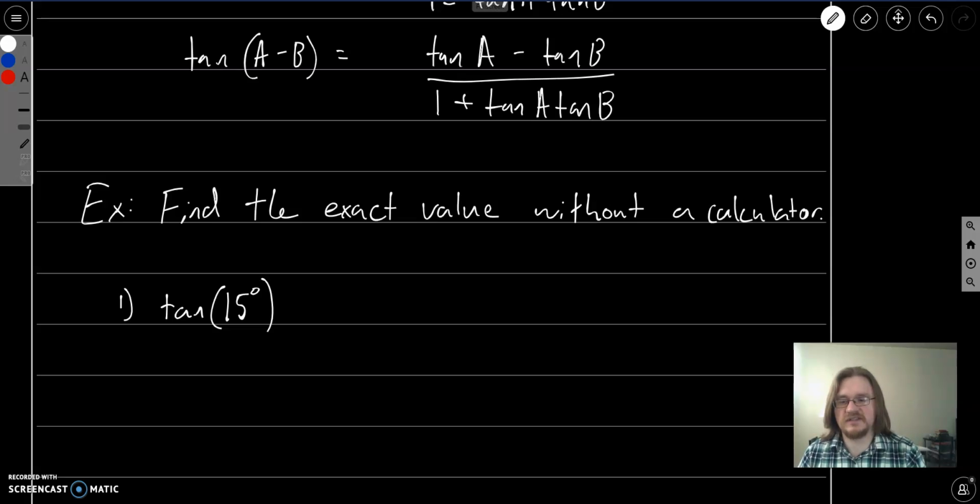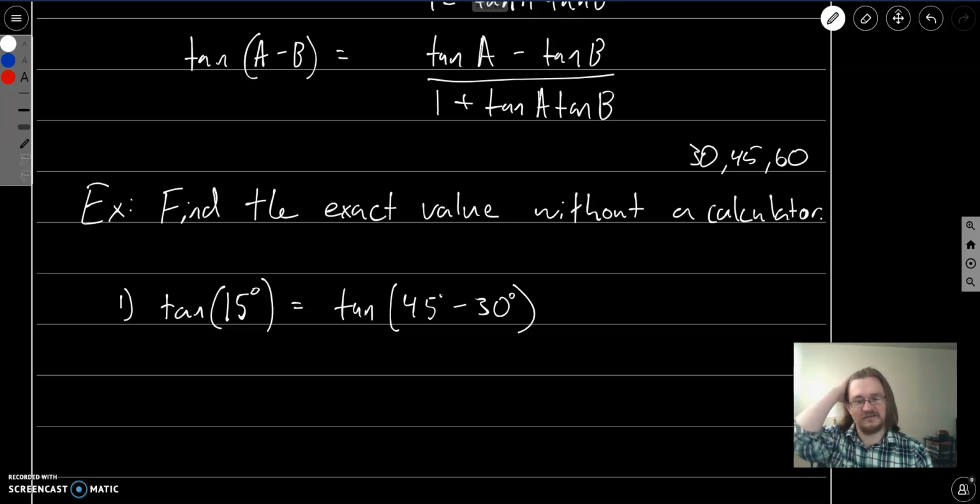So for instance, for tangent of 15, when I look at this, I go, well, I don't know what the sine or cosine or tangent of a 15 degree angle is. But I know, for instance, 30 degrees, I know 45 degrees, I know 60 degrees, and I can make 15 using some of these. For instance, this is the same thing as the tangent of a 45 degree angle minus a 30 degree angle.